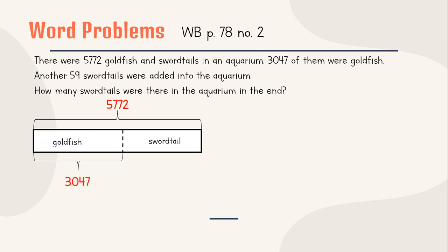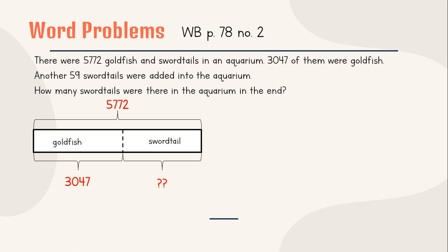So this is goldfish. And then you are asked how many swordtails there were in the aquarium in the end. At first, do you know how many swordtails were in the aquarium? Tahu nggak ada berapa swordtail-nya? Sebelumnya tuh ada berapa sih si swordtail? Now that is the question first.